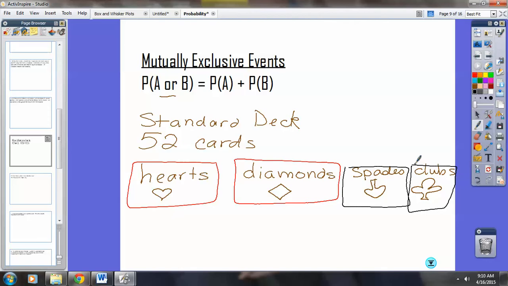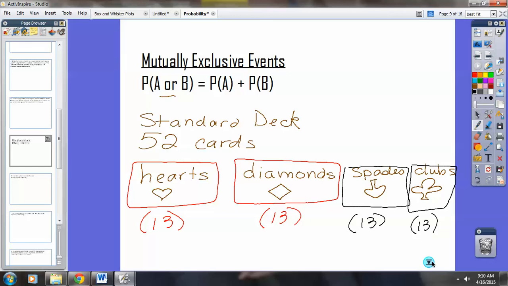How many hearts are there in a deck of cards? 13. There are 13 hearts. How many diamonds? 13. How many spades? 13. And clubs? 13. And when we talk about a standard deck, we're not worried about jokers. They're not included.